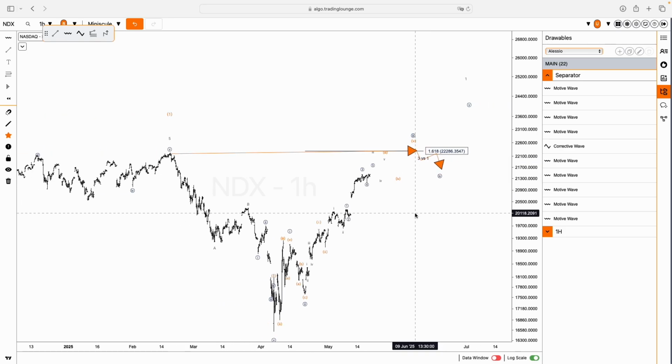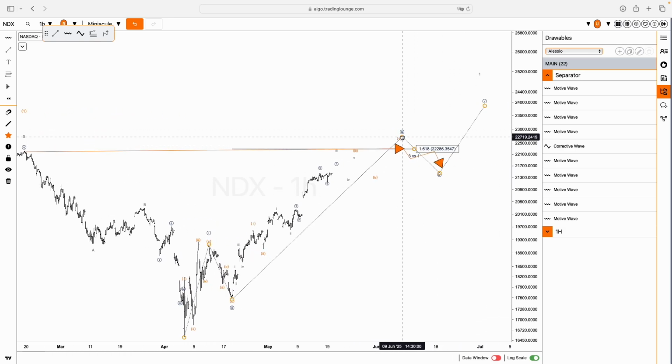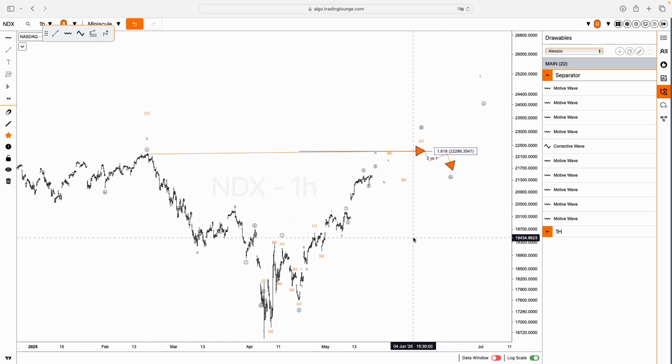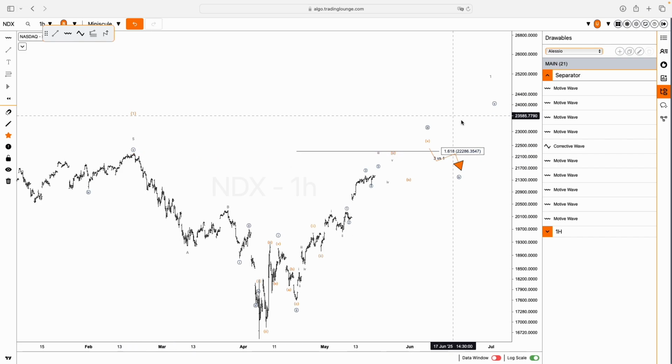Do you guys believe in coincidence? So 1.618 of minute 3, blue 3, against minute 1 stands at $22,280 roughly, which is pretty much the previous all-time high. Is that a coincidence? Not up to me to say, but what I'll say is that is something we like to call confluence.